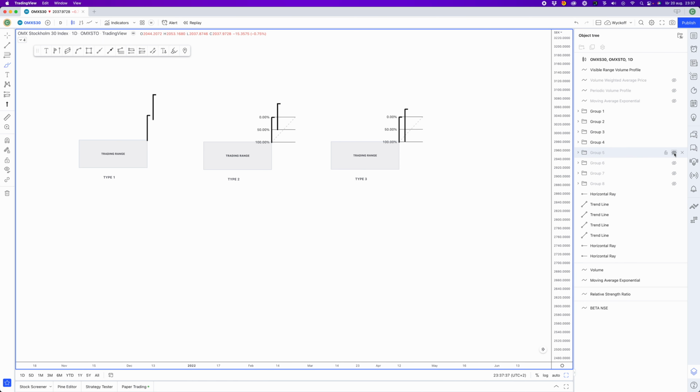So there are other situations that we need to talk about as well. In this case, we have the great breakout, but then not very much is happening. So how do we think about that? It's still a type 1 test because we didn't intrude very much into this bar. The key here, besides looking at volume, which I'm not including right now, is that we had a bullish type 1 test.